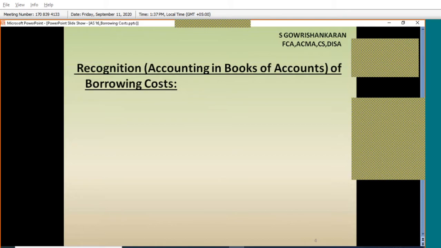Recognition. Accounting in books of accounts of borrowing cost. Now we come to the next step.